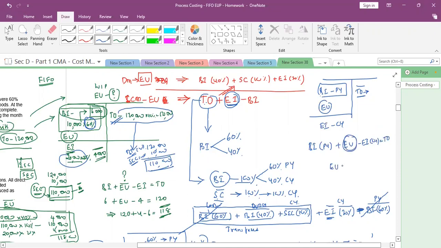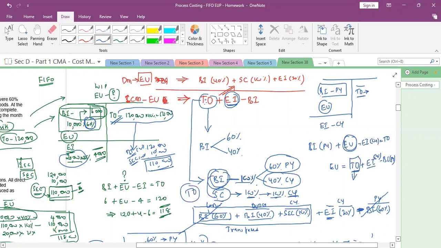When we are calculating EU, it is transferred out plus ending inventory minus beginning inventory past year. This is current year. This is transferred out. Transferred out means, I told you, it is 100% of beginning inventory, which is 60% completed in the past year, 40% we are considering in the current year. Therefore, started and completed is 100% in the current year. This is what transferred out always is.